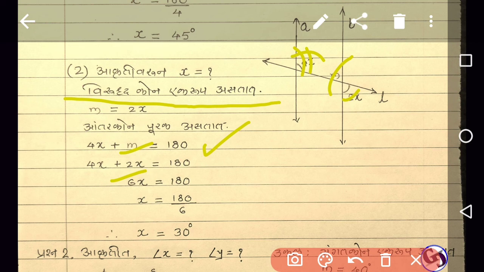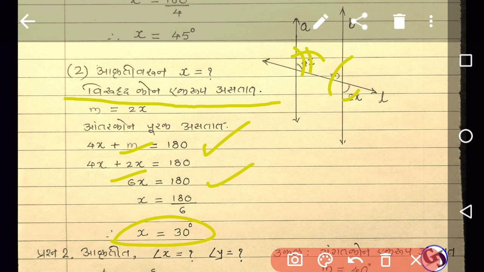Okay. 4x plus 2x is equal to 180, means 6x is equal to 180. x is equal to 180 divided by 6. Then we get x is equal to 30 degrees. This is the answer of the second.